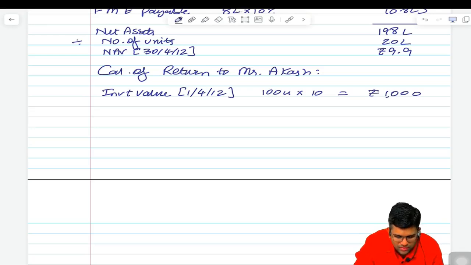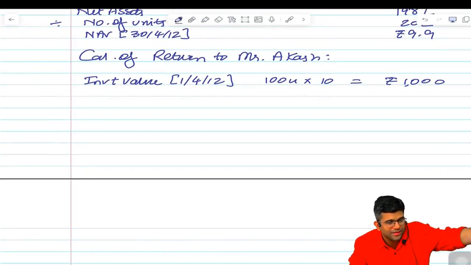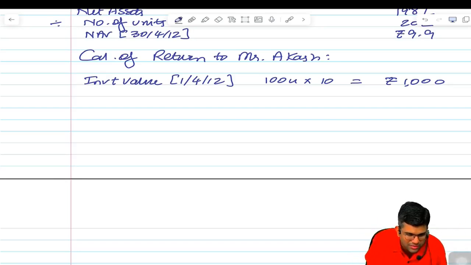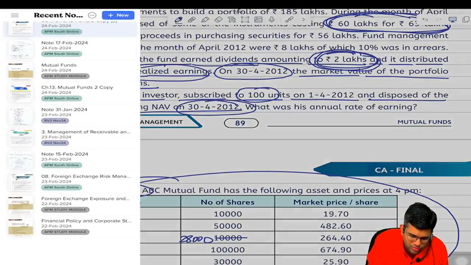Now you will see, students, this that I am showing you now is basically module number 1 calculation. Investment value, value at the end, dividend received, then put in the formula. You remember that return calculation. So, he subscribed to 100 units and sold all of his units on closing NAV on 30/4/2012.